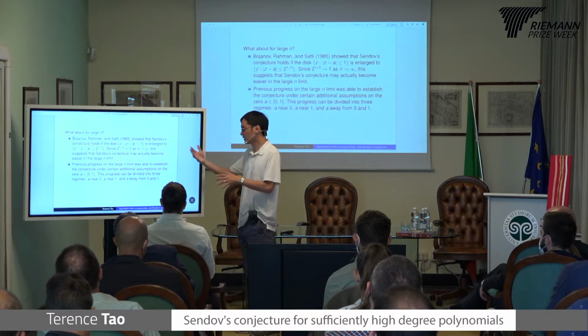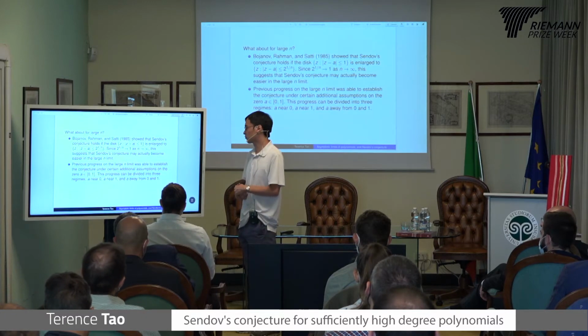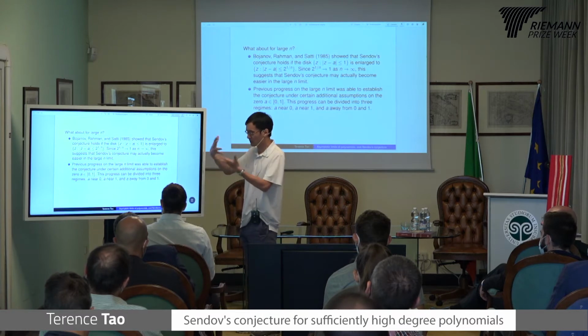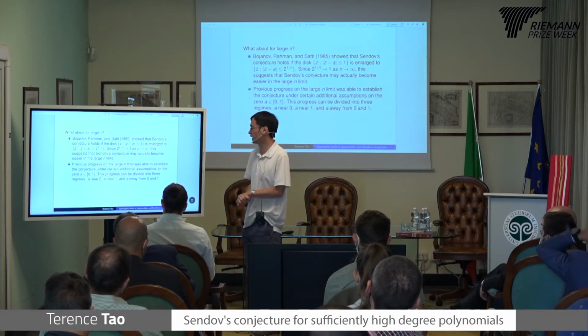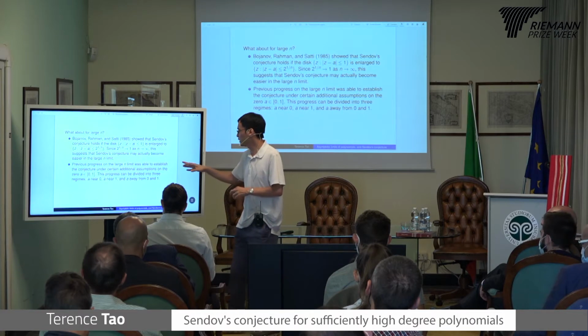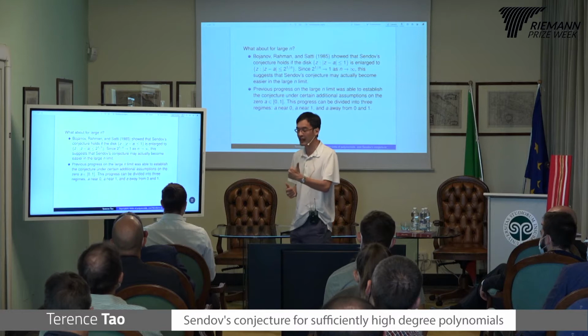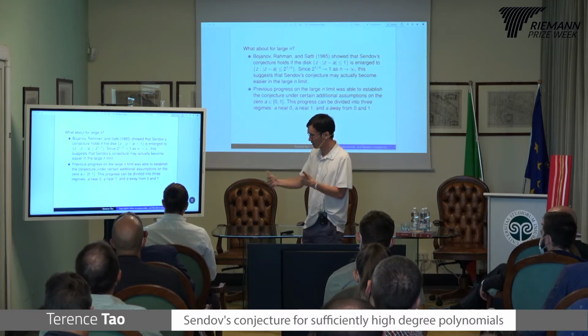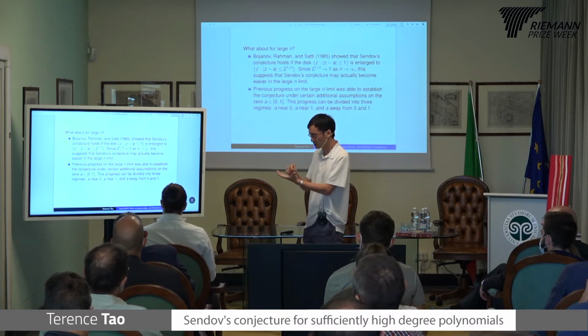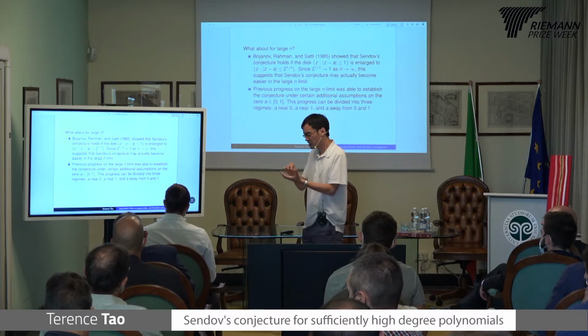And in fact, there's a series of papers studying the large n limit, and we were able to establish various cases when n is large, but only under additional assumptions on this special zero a. Okay, so there are 2 parameters. There's the degree n, and there's this location a where the zero is. And this location is anywhere between 1 and 0. And the location is very important.